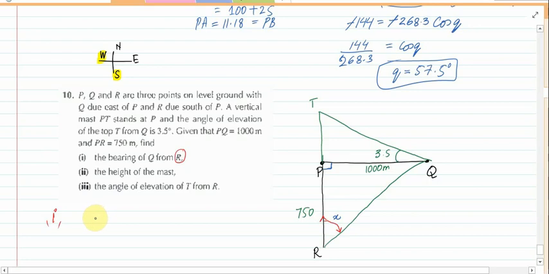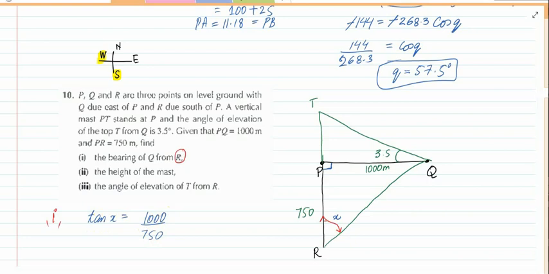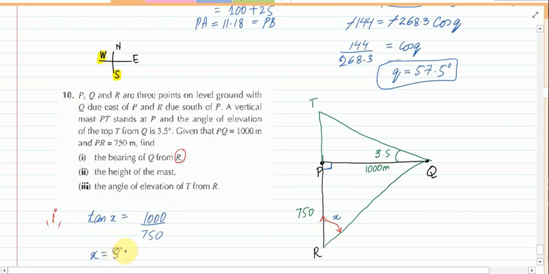So opposite and adjacent comes in tan. So tan x is equal to 1000 divided by 750. So 1000 divided by 750 and then tan inverse, 53.13. So angle X is 53.13 degrees. First answer done.